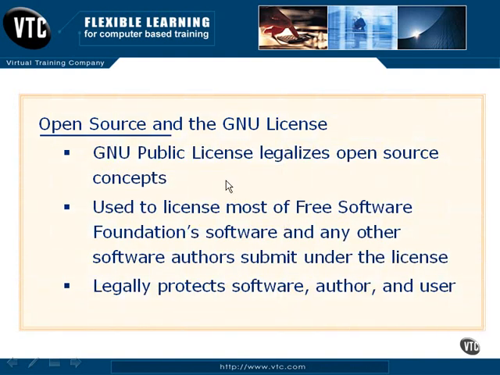Now, the GNU public license is basically a legal component to the concept of open source. And it's monitored and maintained by the Free Software Foundation and allows authors to submit any kind of software, source code, or development processes under the GNU to protect the development of the software, licensing of the software, sales, the person actually writing the code, as well as the person using the software that has been created.